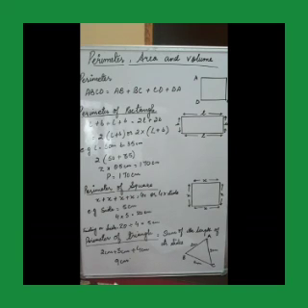So, a closed figure bounded by straight lines is called a rectilinear figure. The perimeter of the rectilinear figure is obtained by adding the length of all the sides. For example, perimeter of the figure. The name of the figure is A, B, C, D. So how will we find the perimeter of that figure?